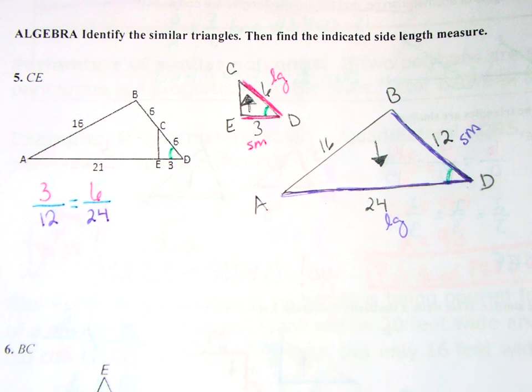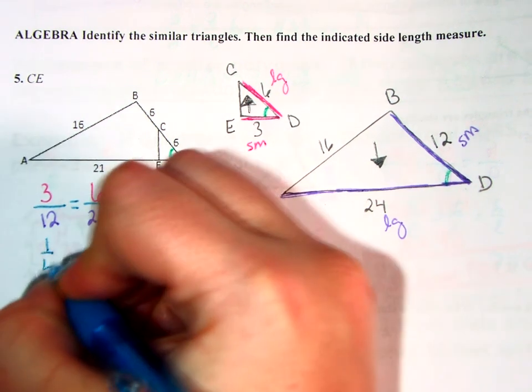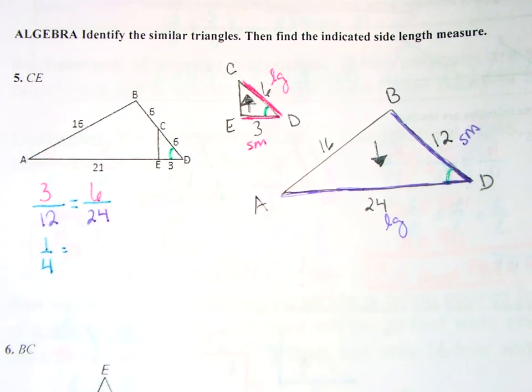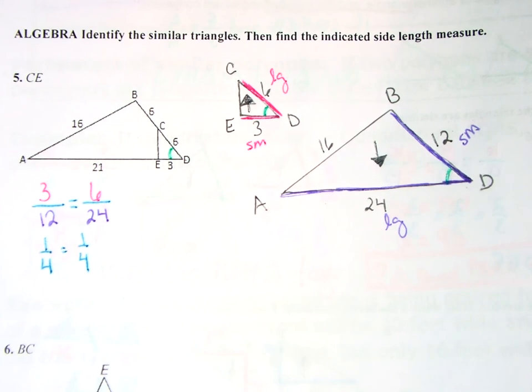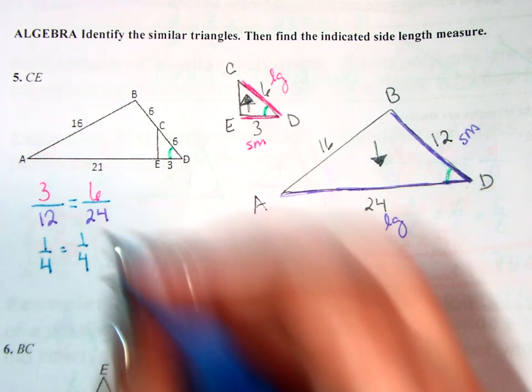Three over 12 is 1/4. 6 over 24 is 1/4. So we found our scale factor, and we know these are similar by SAS similarity.